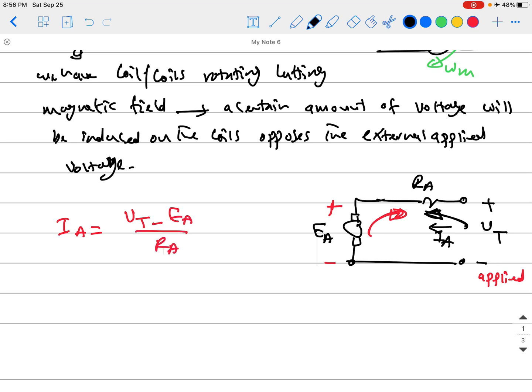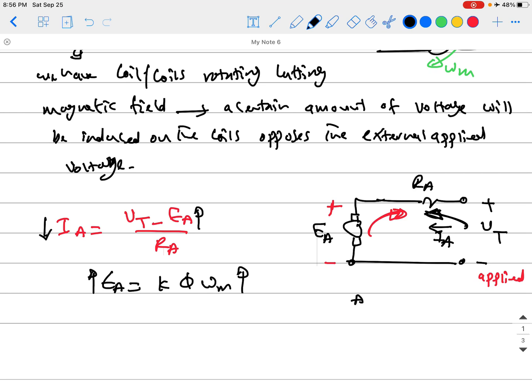This EA goes up with the speed, because to calculate EA it is just K phi times omega m. So while the speed of the machine goes up, this induced voltage goes up. And this means the current starts going down until it settles at a certain point. That's what happens inside the machine.